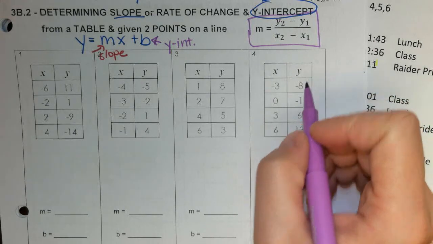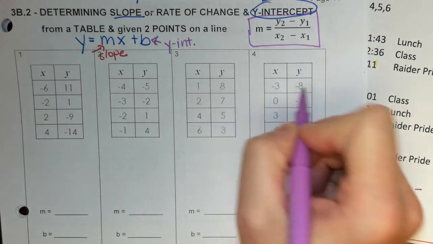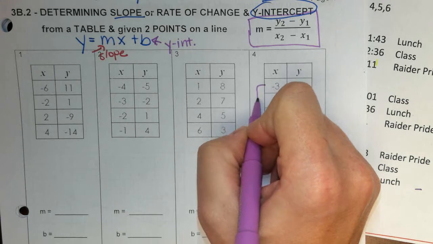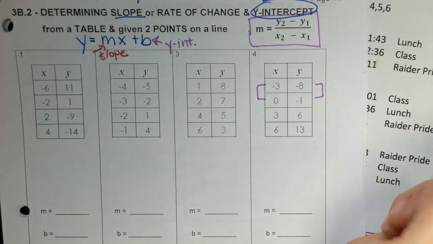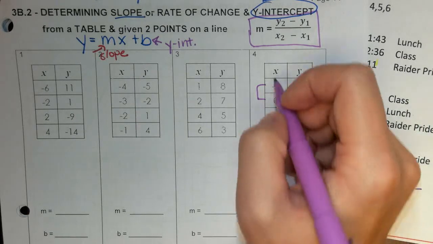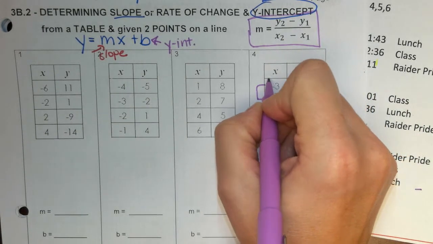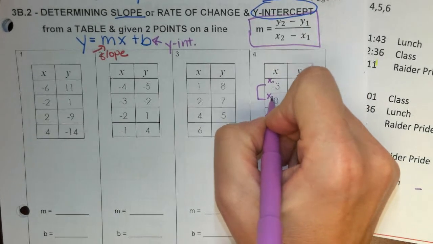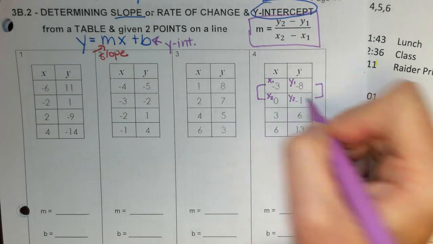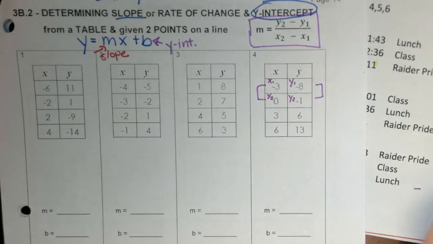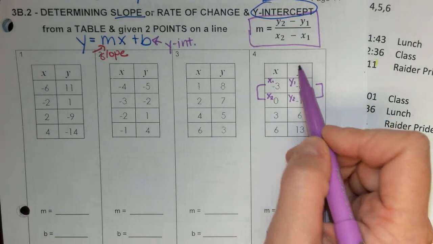We're just going to take any 2 points here. So let's just say these two, just because those are the first two. So this would be my x1, and this would be my x2. Those are both x points. That would be my y1, and this would be my y2. I want you to label those. And we're going to use this formula right here and plug those in.